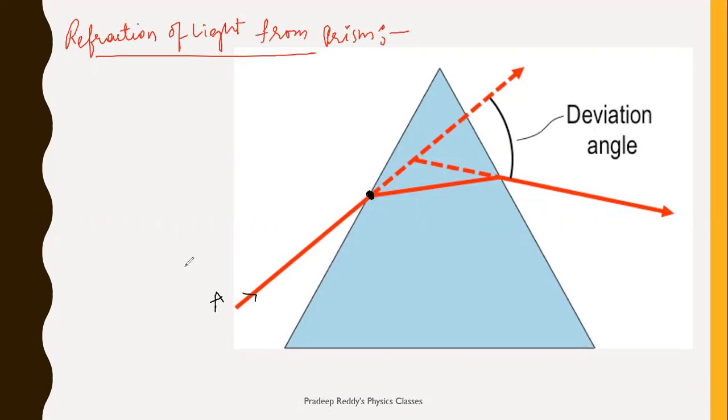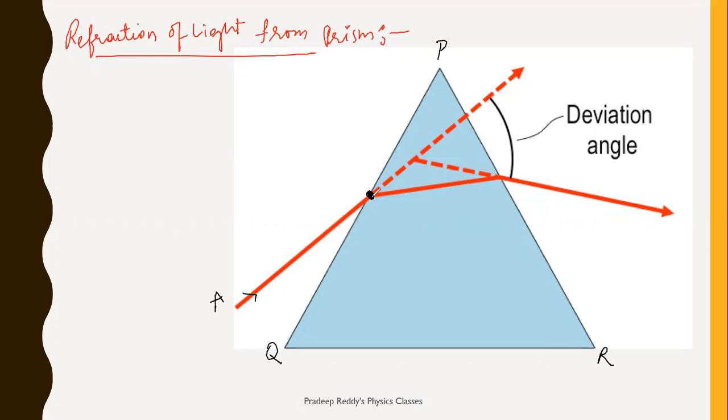Now, let me consider P, Q, R. P, Q, R are the vertices of the triangular prism, and this point is the point of incidence.